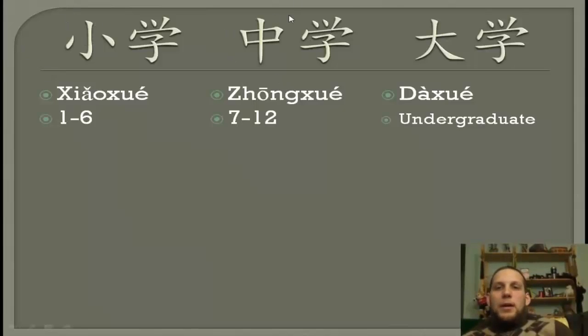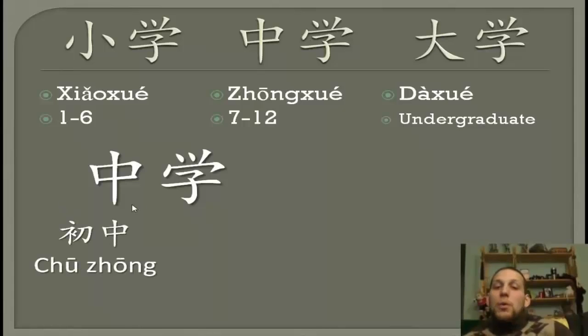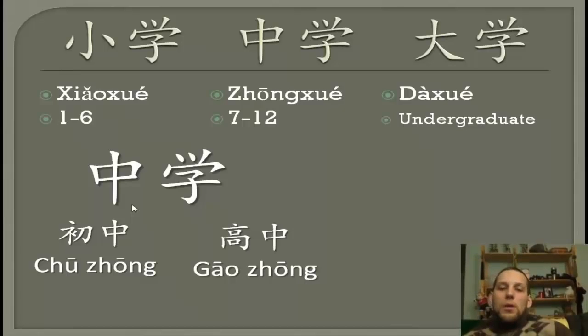Alright, now I want to take a closer look at 中学 because 中学 is split into two parts. We have 初中 and 高中. 初中 would be our 7th through 9th grade, and 高中 would be our 10th through 12th.